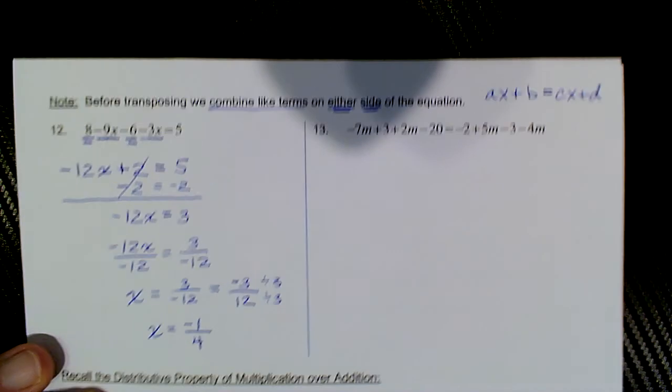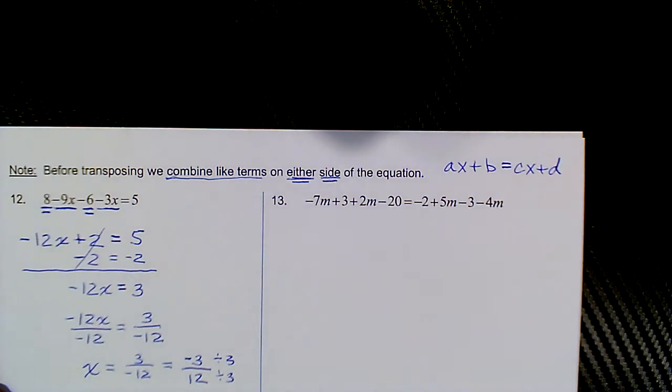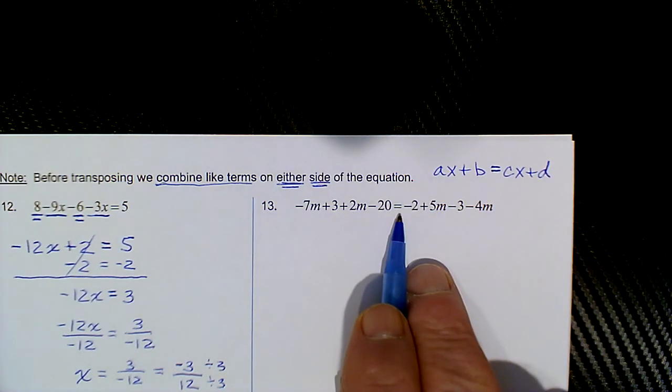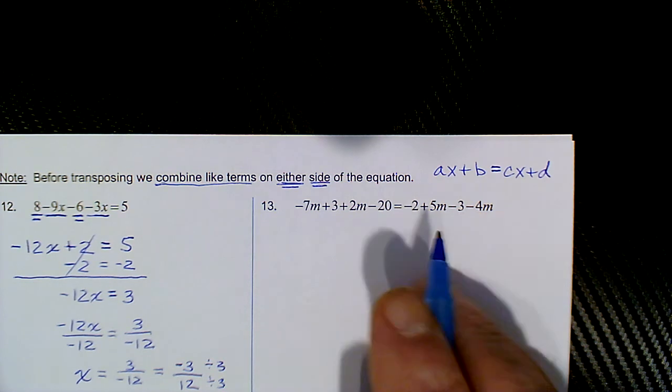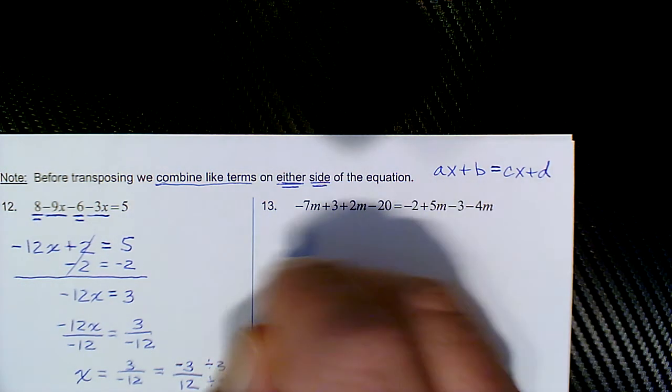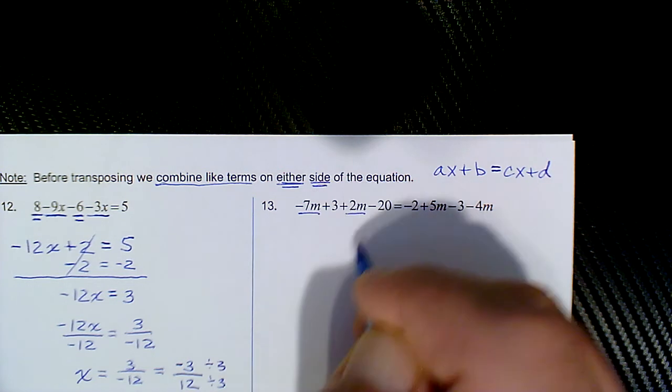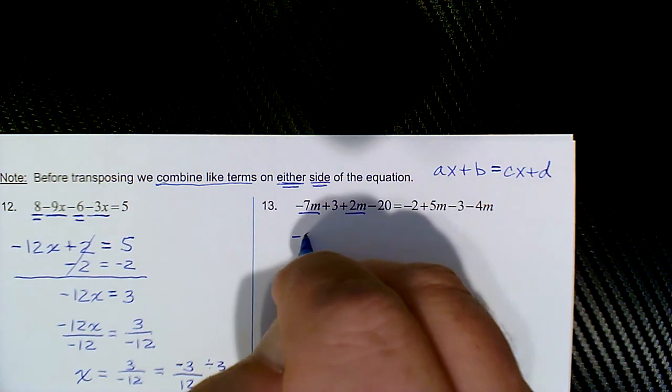Okay, so now the right-hand side, this is kind of like a worst-case scenario. There's a bunch of stuff on either side of the equation here. And so we want to combine our like terms. So we work on each side separately. The -7m and the 2m combine to give -5m.